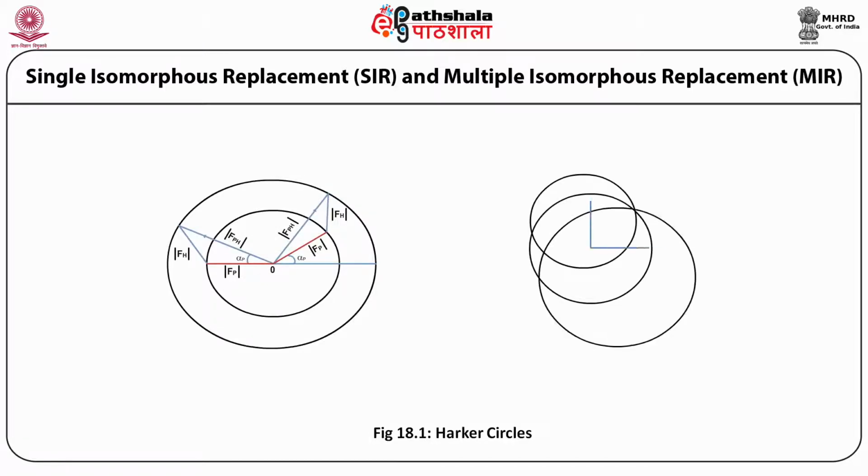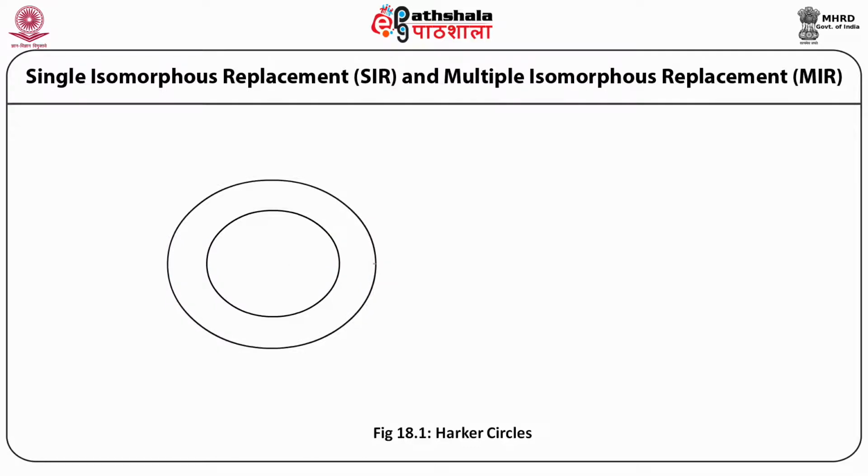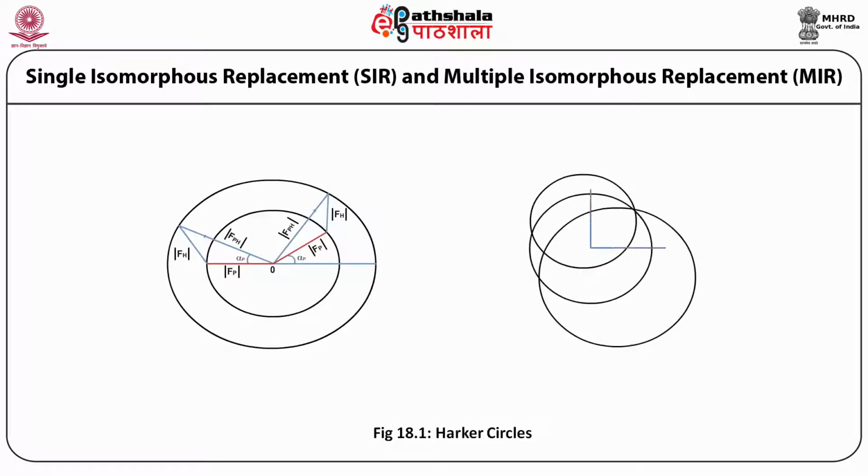Then with a shift of minus FH1 from O, we have minus FH1, which adds with the derivative FPH1. So the new center shifted from O by an amount minus FH1 is O1. With O1 as the center and mod FPH as the radius, you draw another circle. Now these two circles will cut at two different points.